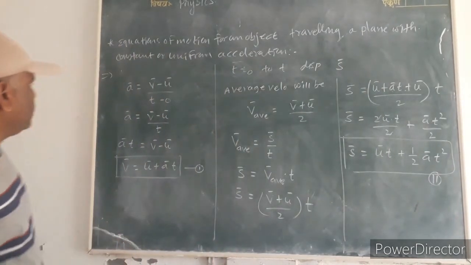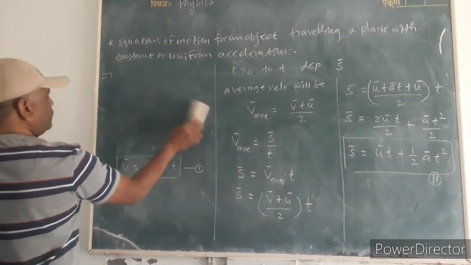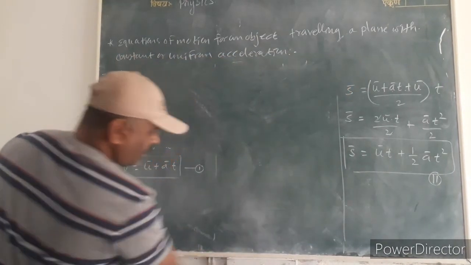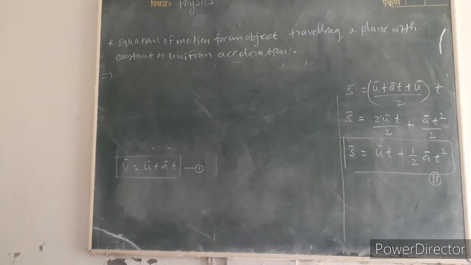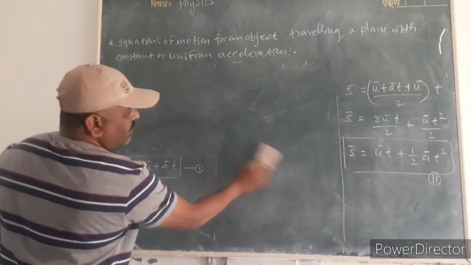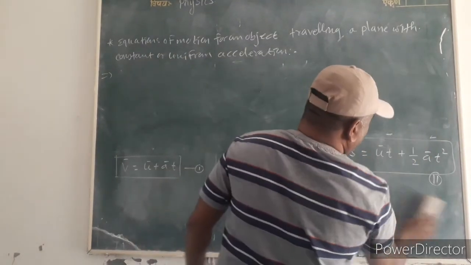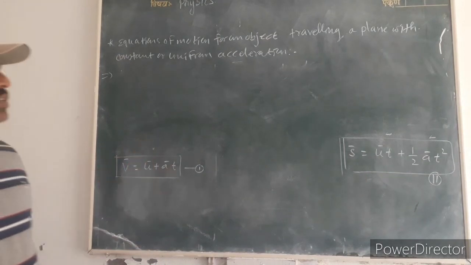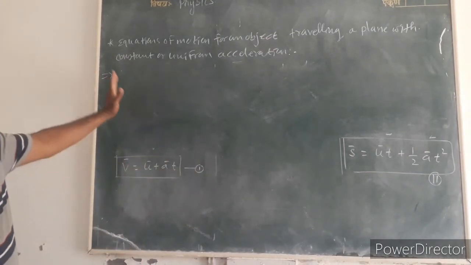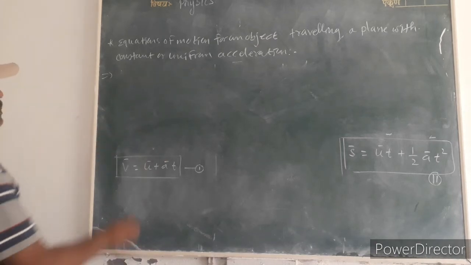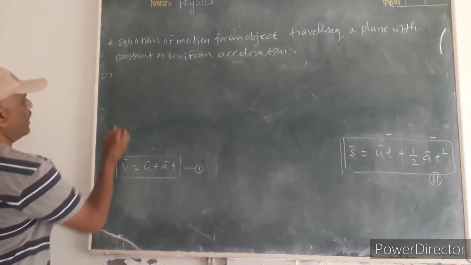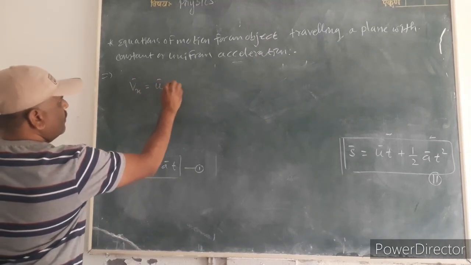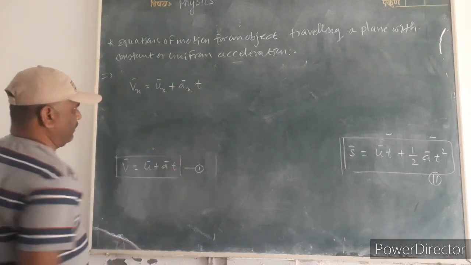Now, this is the first kinematical equation or equation of motion, and this is the second kinematical equation of motion. We can write these two equations of motion in case of x-axis and y-axis. In case of x-axis, this can be written as v bar x is equal to u bar x plus a bar x into t.